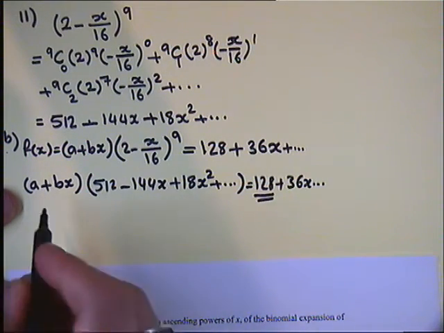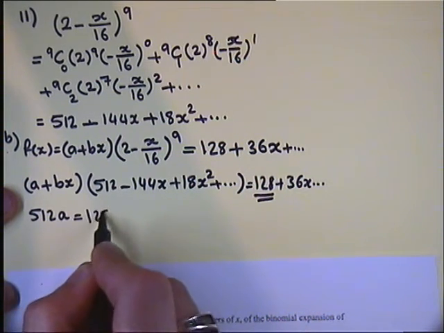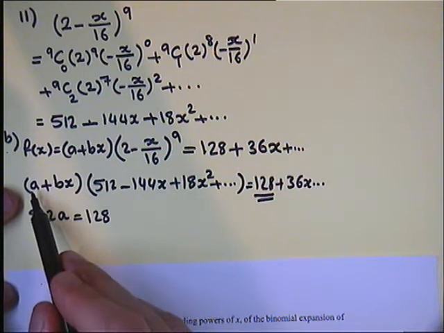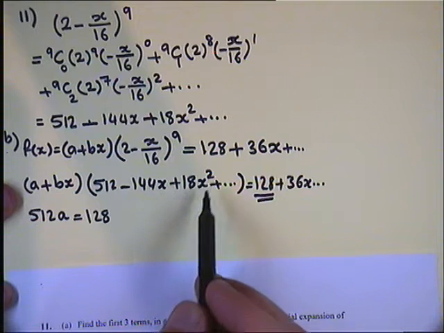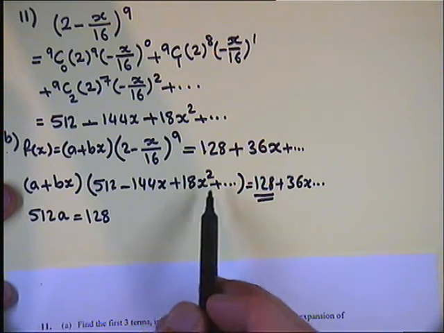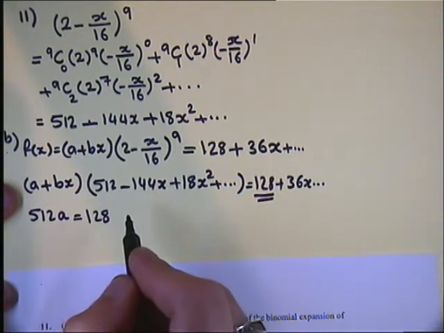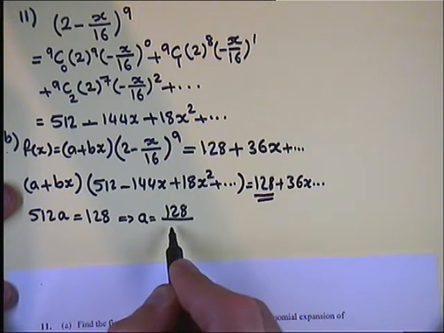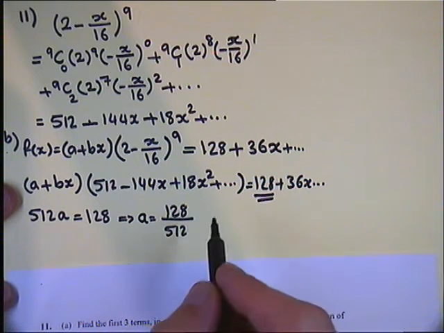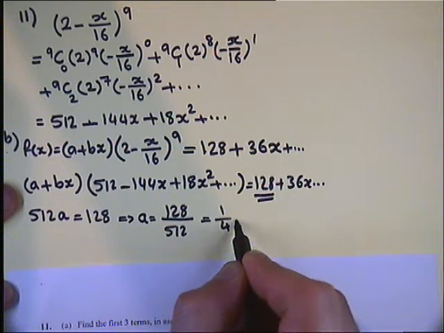A times 512, which is 512a, equals 128. Because if we multiply a by any other one, minus 144x, 18x squared, and so on, we should get terms with x or x squared, which is not for the first one. Therefore, a is equal to 128 over 512, which, after simplifying, we should be able to get 1 over 4, or a quarter.